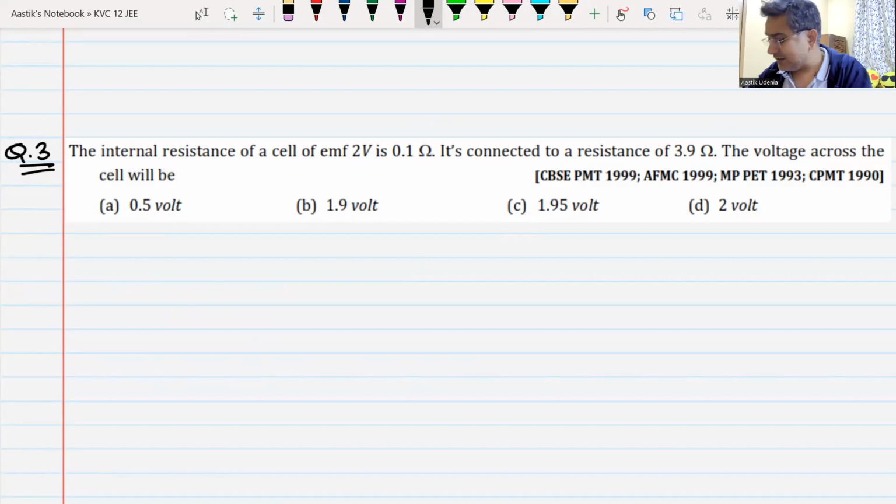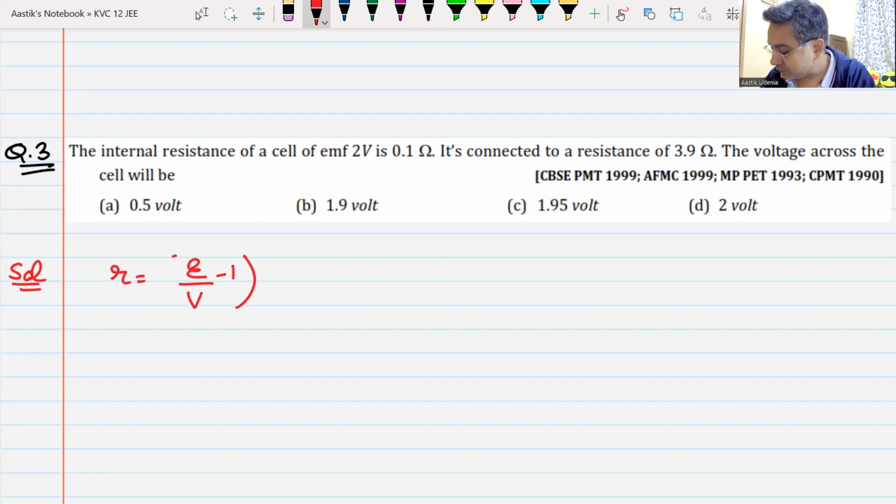Well, yes, C is the correct answer. How can you do this? You can just use the same formula. Voltage across the cell, they want to know. So you can use this formula. Remember, r is equal to (E by V minus 1) times capital R. Everything here is known.